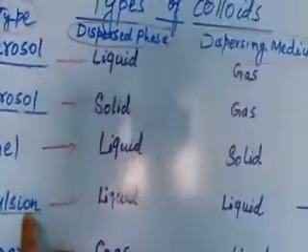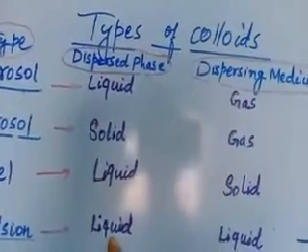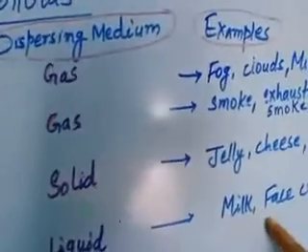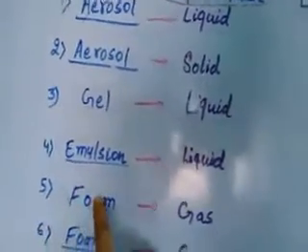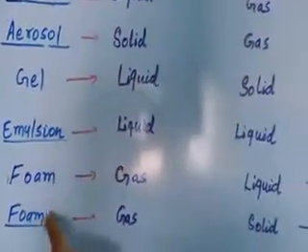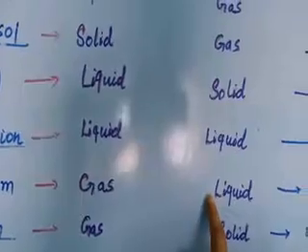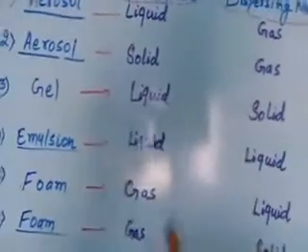Then you have emulsion. Emulsion is a liquid colloid where liquid dispersed phase gets dispersed in the liquid dispersing medium. Examples of emulsions are milk, face cream, etc. Now you have foam. Foam are of 2 types. Here the gas dispersed phase is either dispersed in liquid dispersing medium or dispersed in solid dispersing medium.